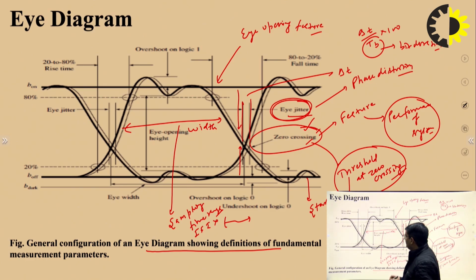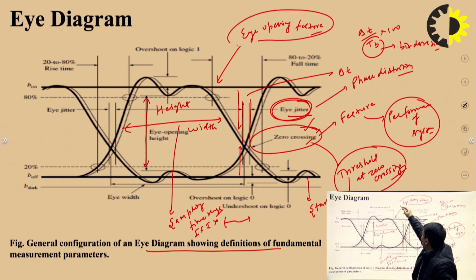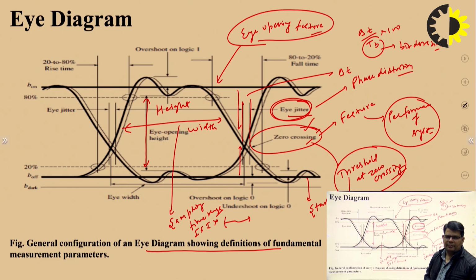Another feature is the eye height. We know that from the eye opening condition, if eye opening is more, the performance is better. If eye opening is less, then the performance is not so good. So whenever the width and height of the eye are more, that means eye opening is better. And if width and height of the eye are less, then we can say that the eye opening is not so good.